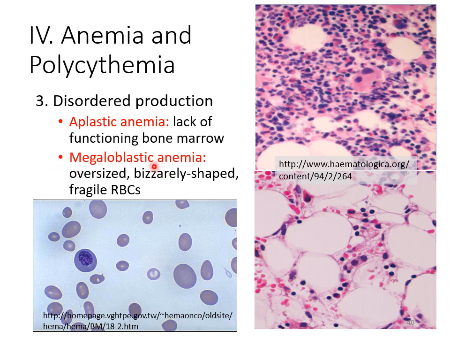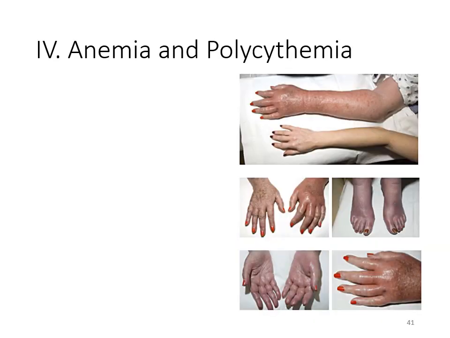And of course, also megaloblastic anemia, we mentioned before, due to deficiency in vitamin B12 or folic acid. So you have improperly maturing red blood cells, so they are oversized, bizarrely shaped, and much more fragile. So this is anemia due to a problem with production of red blood cells.